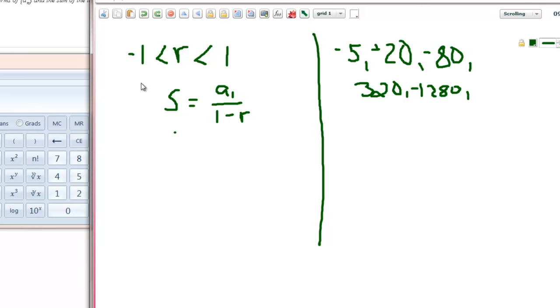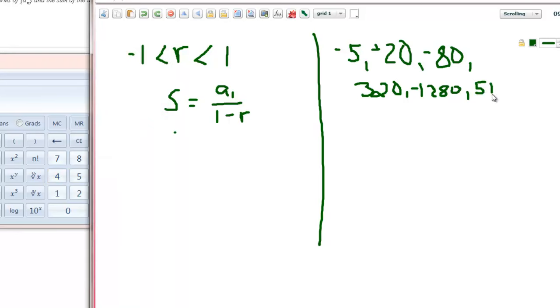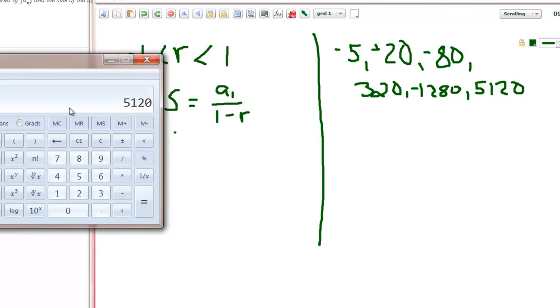And then times that by negative 4. And so that's going to be positive 5,120. All right, so the first part says sum the first 6 terms. So here we go.